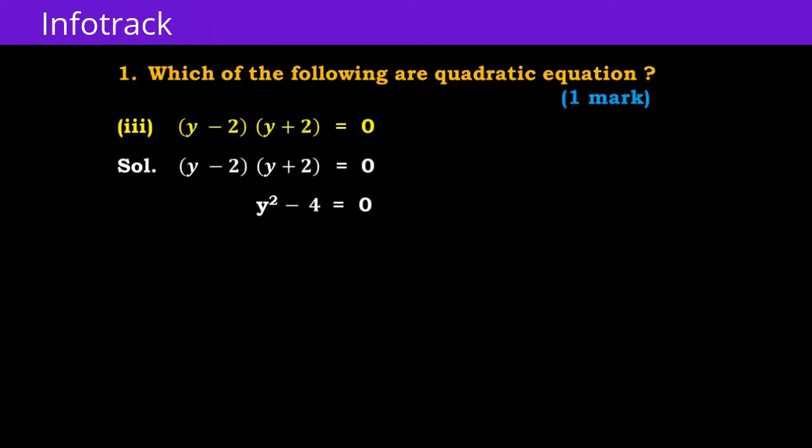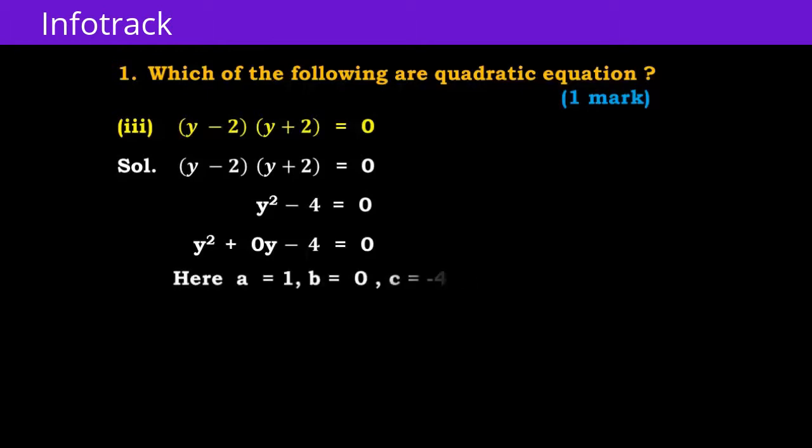Now see, in this we can write the middle term as 0y. So y square plus 0y minus 4 is equal to 0. See, this equation is in general form ax square plus bx plus c is equal to 0.